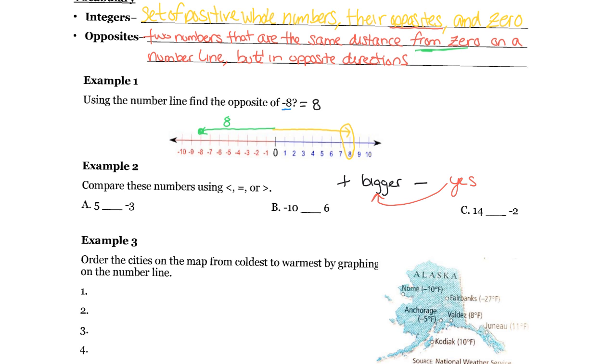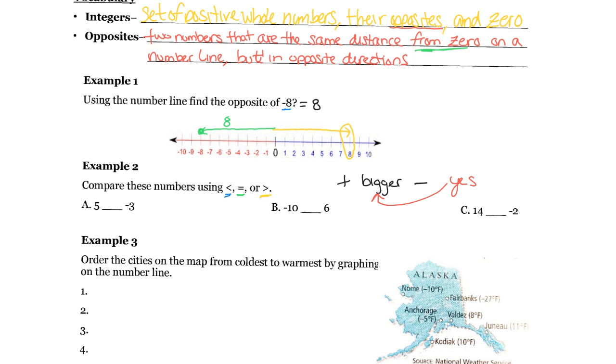All right, so let's think about example A. 5 and -3. Is it less than, equal to, or greater than? So is 5 less than, equal to, or greater than -3?